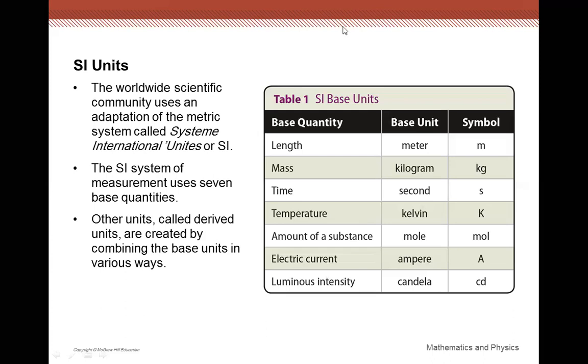We know that speed equals distance over time. So if an object covered 100 meters in 1 second, the speed equals 100 divided by 1 second, which is 100, and the unit will be meters per second. So the unit for speed is not a base unit, but you derived it from the base units.